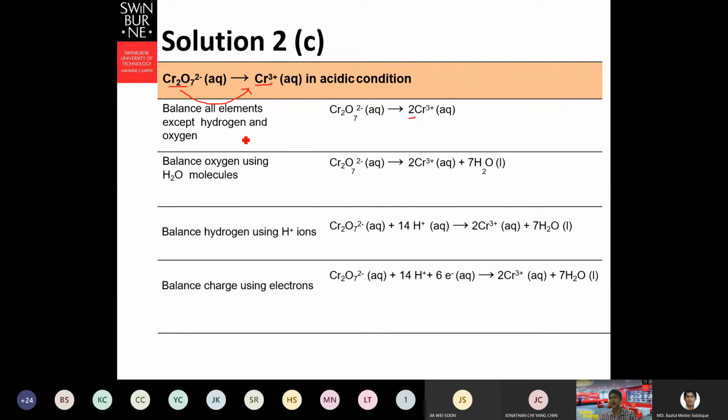That means the first step is solved, that I balanced out the elements except hydrogen and oxygen. So after that, when the dichromate is broken down, the oxygen is there, right? Where will it go? It will be here. So I have to show it because I started with it.